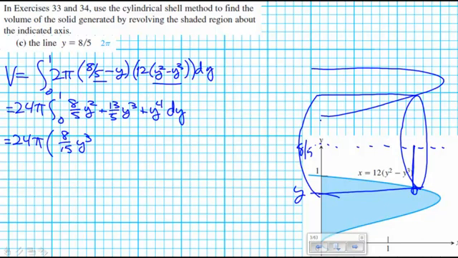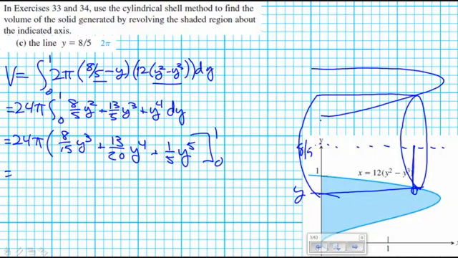Here is going to be 13/20 y to the fourth and 1/5 y to the fifth, as evaluated from 0 to 1. Ugly. Plug in all the ones, you got all the fractions left over. Plug in all the zeros, they all disappear.